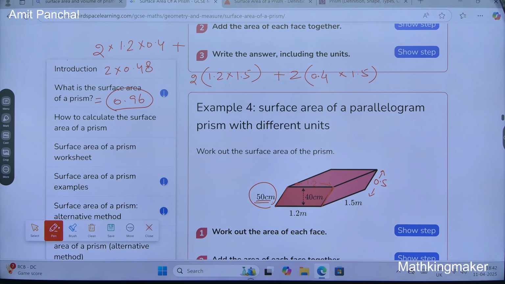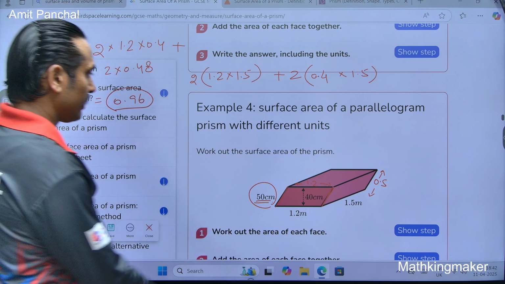Yeah. So front and back will be 0.48 and bottom will be 1.2 and 1.5, that will be 1.8, and the left side will be... no. It is a rectangle here.